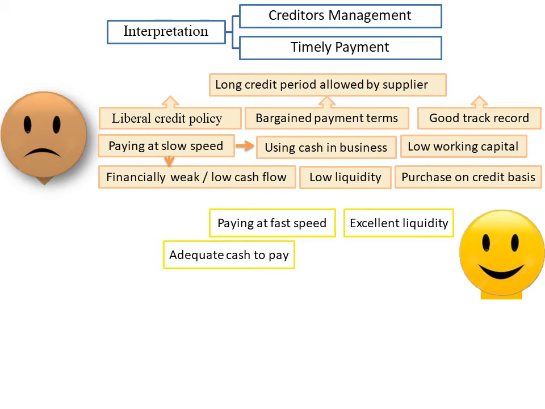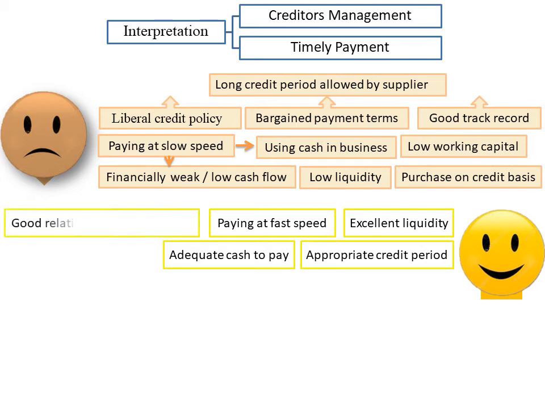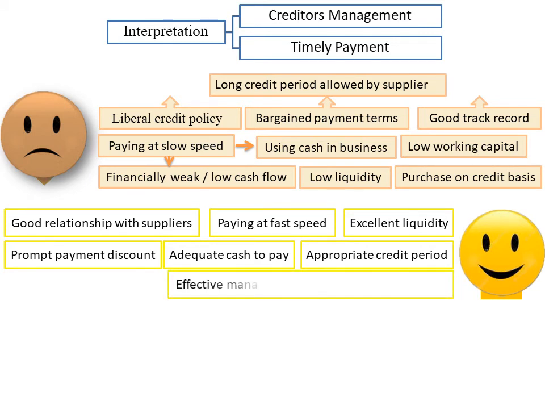It also indicates appropriate credit period allowed to the firm. An appropriate ratio helps firms to establish good relationships with suppliers, and such firms can also enjoy benefits of discounts offered for prompt payment. A high ratio shows that the firm is managing its short term creditors and cash flow effectively.